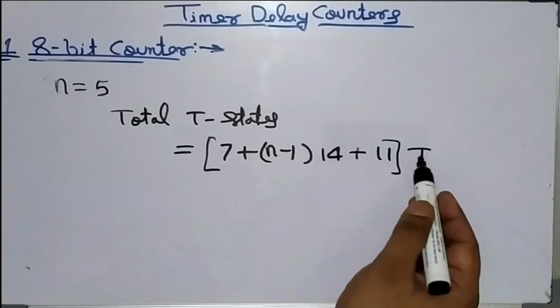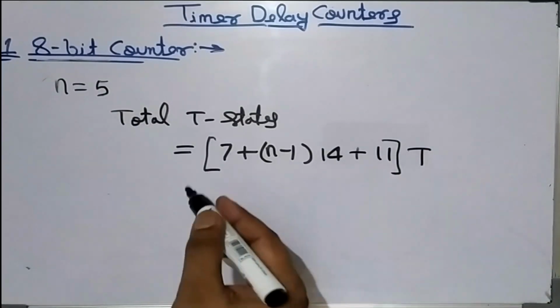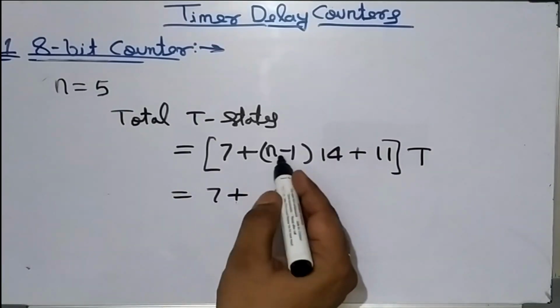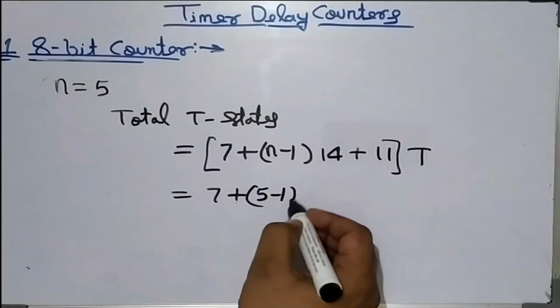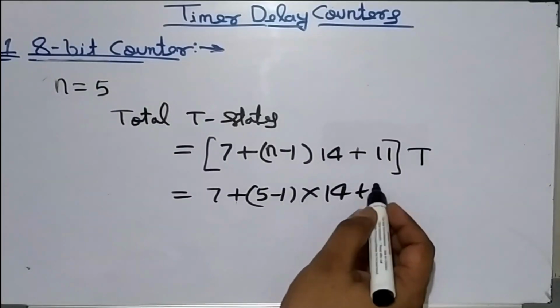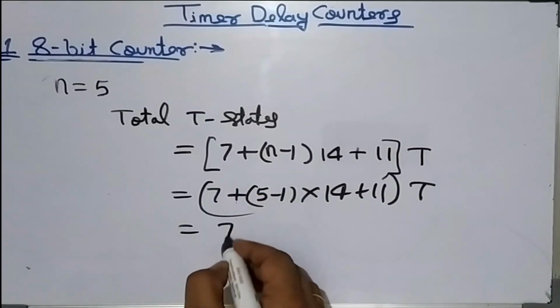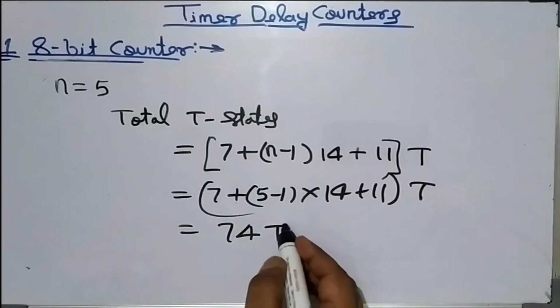I can write T as a multiplier. Now 7 plus (5 minus 1) into 14 plus 11, into T. Okay, now this will be 74T. Okay, what is T?